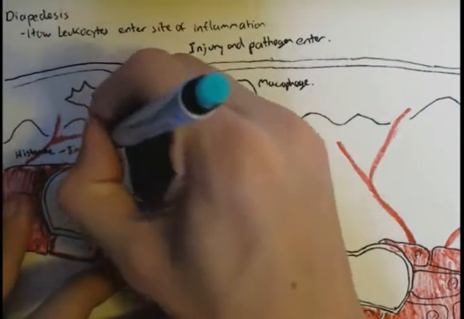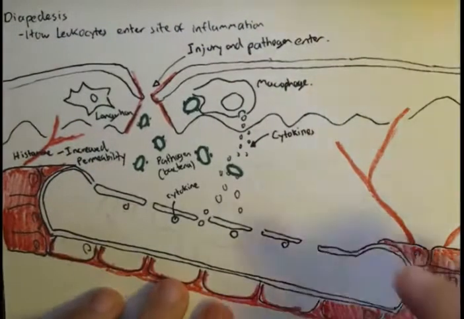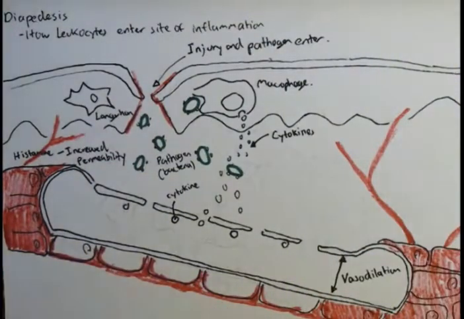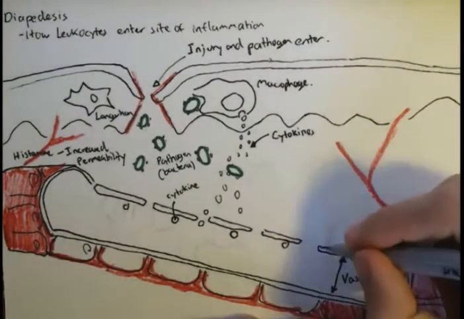Mast cells secrete histamine, and if you remember, it causes vasodilation and increases vascular permeability, so that again, the immune cells and other proteins can easily pass through the vessel walls.